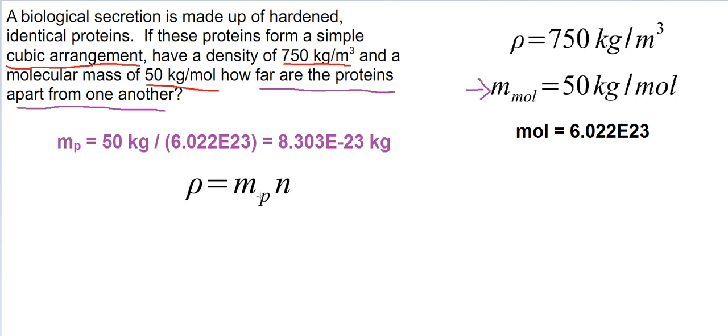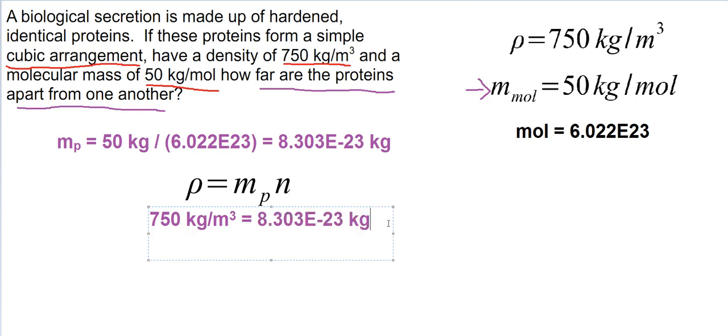So given that we know the density of the thing is 750 kilograms per cubic meter, and the mass per particle is 3.303 times 10 to the negative 23 kilograms, we can actually find the number of these proteins that will fit into a particular unit of volume.